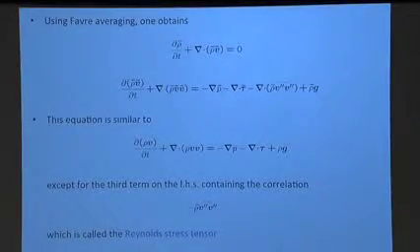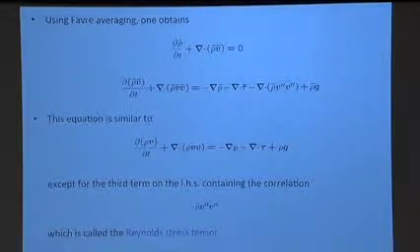You see, this is a divergence of a second order tensor. This is the divergence of a second order tensor. Okay? So the mathematical, this is a symmetric tensor, this is a symmetric tensor.